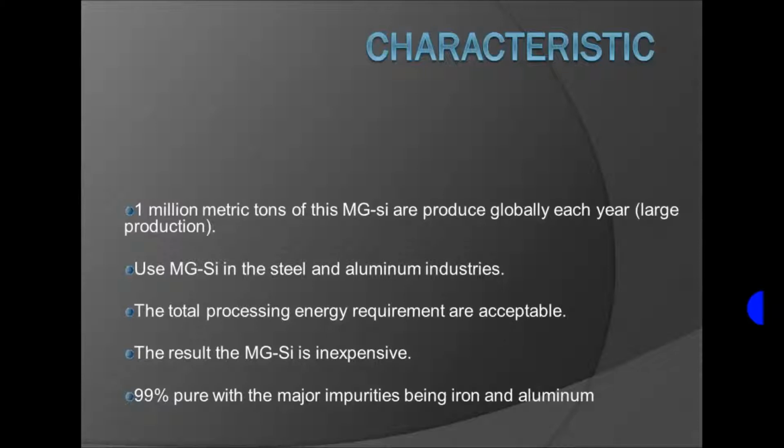These are some of its advantages. Millions of tons of these elements are produced worldwide annually. These elements are used in the aluminum and steel industry.